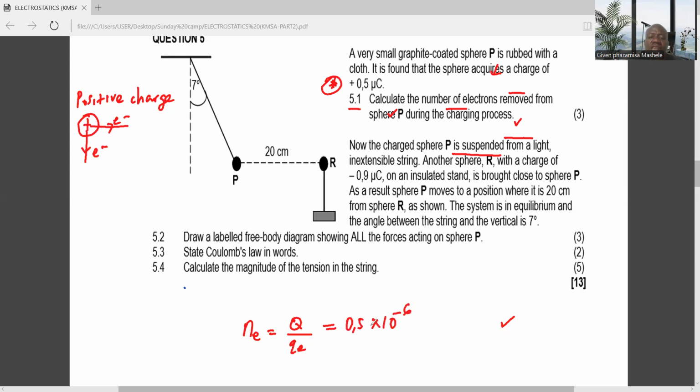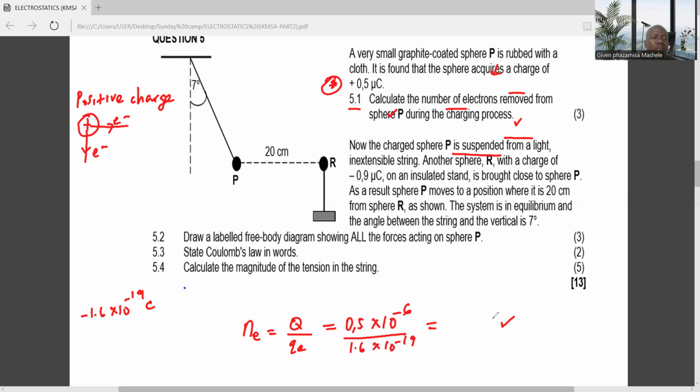Divide by the elementary charge, 1.6 times 10 to the power minus 19 coulomb. Since our charge here is positive, we do not use the minus.